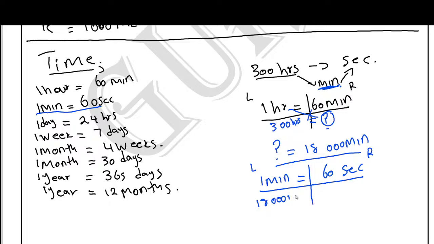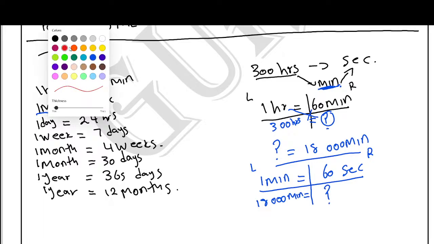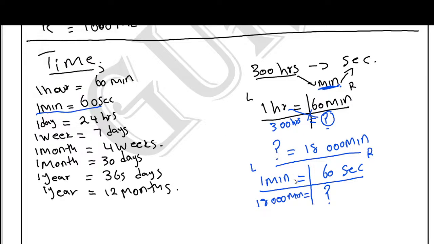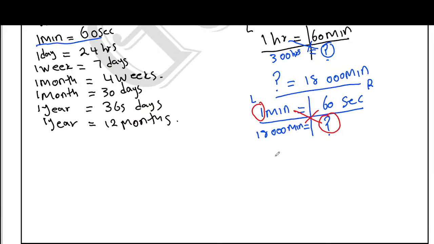18,000 minutes, which is equal to a question mark. Then we cross multiply. That is going to be the question mark multiplied by 1. That is going to be a question mark, which is equal to 18,000 multiplied by 60.